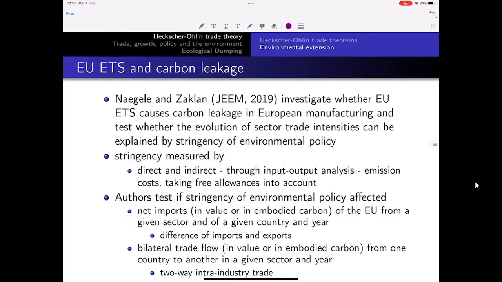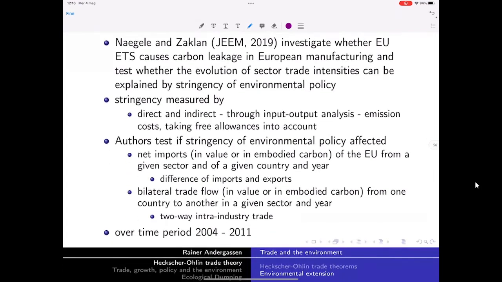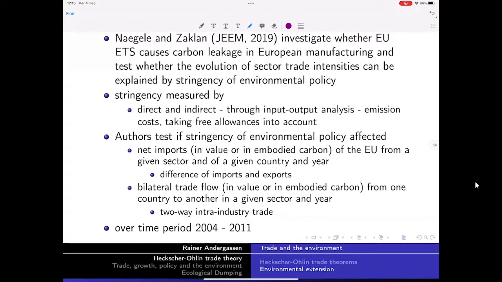Okay, here what the authors, again, I won't go into all the details of the paper. I just try to give you an idea of what the authors do, and what the results are. So first of all, the first thing is how to measure the stringency of environmental policy.